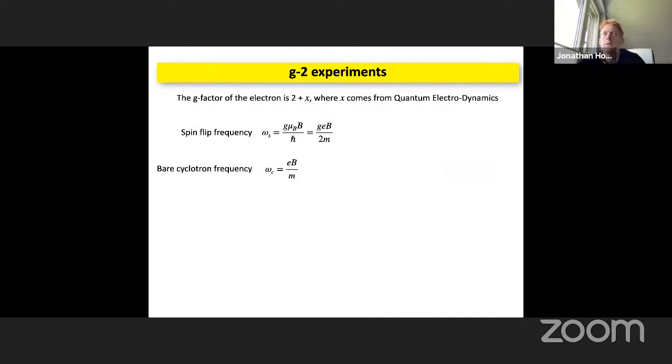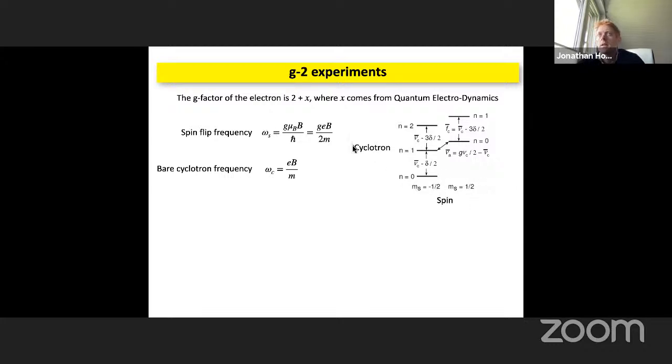What this means is that one can plot the structure of the energy levels in terms of both the spin and the cyclotron motion. This is a very detailed diagram. I pulled it from a paper, but let me explain it. Each of these columns is either the spin being -1/2 or the spin being +1/2.